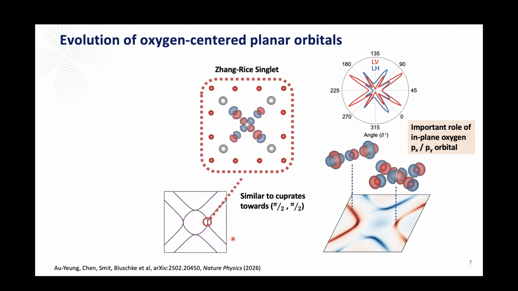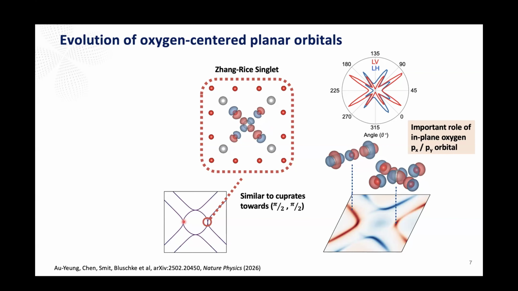But I'm showing you this Fermi surface at this point, similar to the cuprates pi-half point, and then we have this Zhang-Rice singlet-like orbital, with the symmetry of a Zhang-Rice singlet. We have this dxy orbital, and also the phase matching of the p orbital around it.